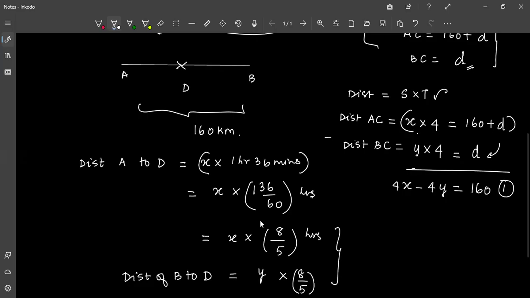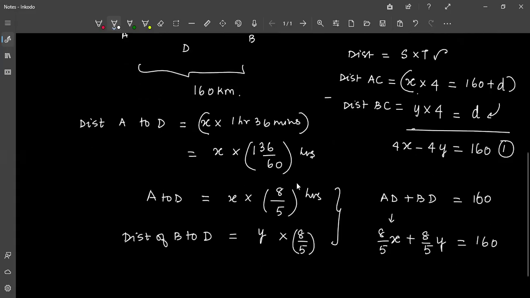So if you add these two distances, A to D distance is x into 8 by 5, and y into 8 by 5 is the distance of B to D. If you add AD plus BD, that is equal to 160 kilometers. So AD is 8 by 5 times of x plus BD, that's 8 by 5 times of y, is equal to 160.